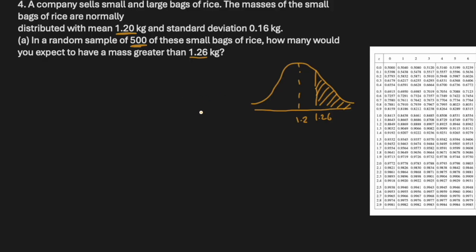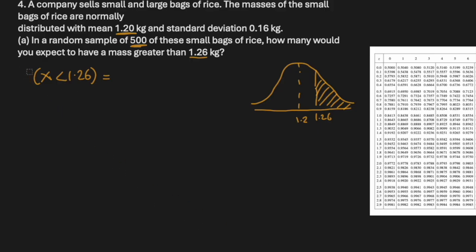Okay, for that I have the table here which is provided in exams, and using this table we need the z-score. Because our table is about less than only, let's start with the z-score, not the probability straight away.